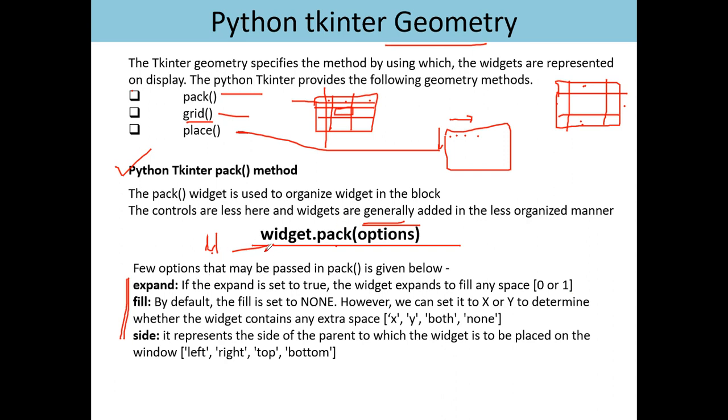this component will be shown in a particular way. If you give fill, that component will be placed in a particular way. Just like side: if you give side equal to left, this component will be put on the left side. If you give bottom, it will go down, at the end of the page.